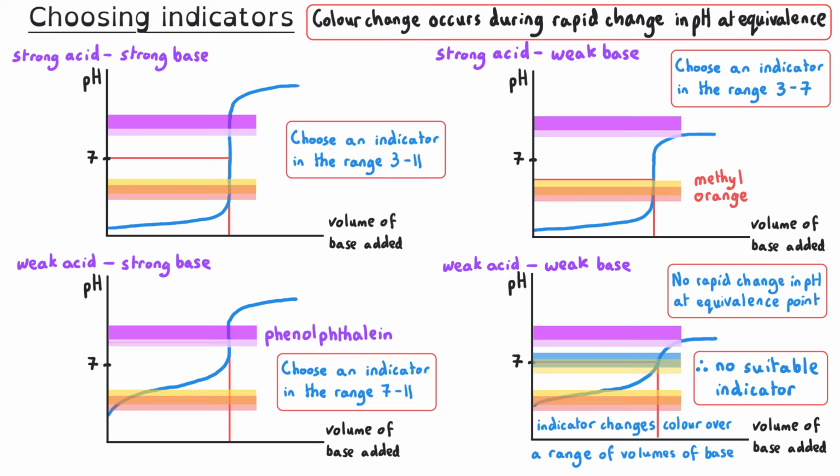The pH change would still begin before the equivalence point and finish after the equivalence point. And so the indicator would change colour over a range of different pH values and over a range of different volumes of base being added to the acid.